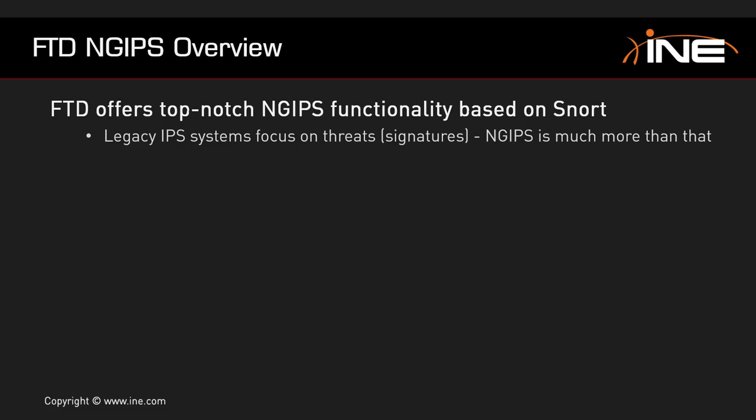And of course, we all know that those signatures must be kept up to date, they must be downloaded. Other than that, the only functionality offered was to perform inspection at the application level for some protocols. Well, there was also anomaly detection, but this was more of an enhancement that was Cisco proprietary. Other legacy IPS solutions didn't offer even that.